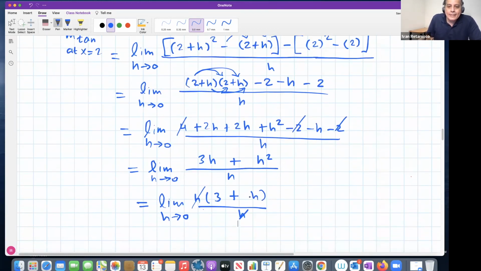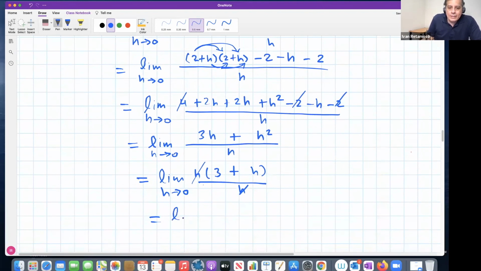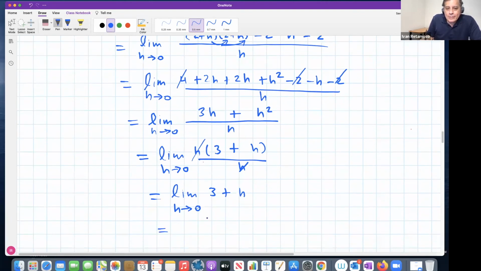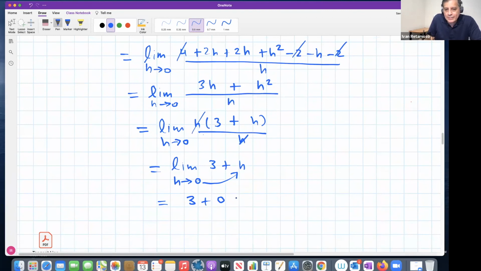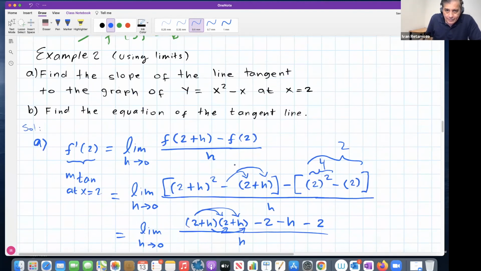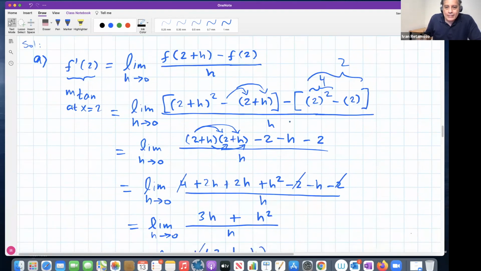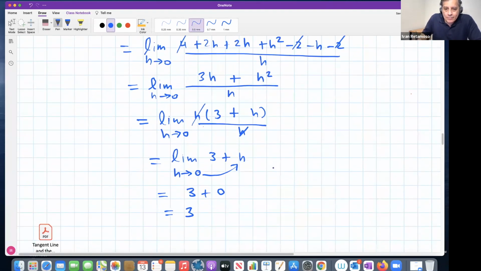So this will be equal to the limit as h approaches 0 of the function 3 plus h. But this limit can be computed by direct evaluation. 3 plus 0, which ends up being just 3. So this is the slope of the tangent line at x equals 2. But they don't want just the slope.